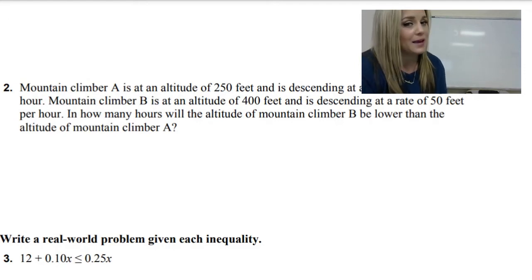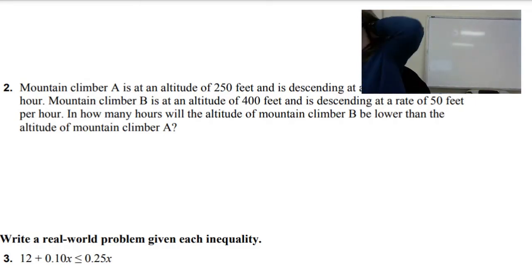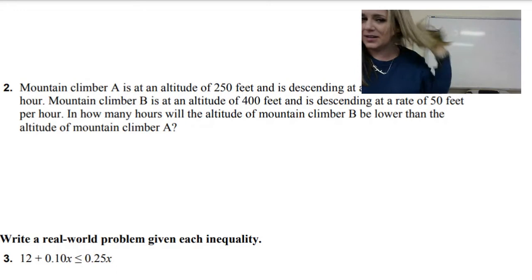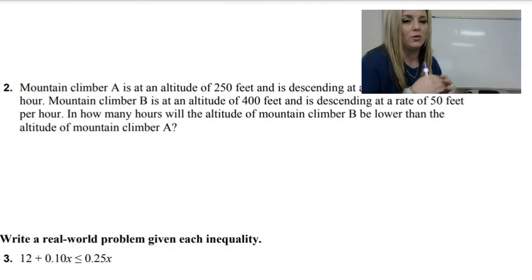Mountain climber B is at an altitude of 400 feet and is descending at a rate of 50 feet per hour. In how many hours will the altitude of mountain climber B be lower than the altitude of mountain climber A? This one won't need a line under our inequality because it didn't say at the same altitude.